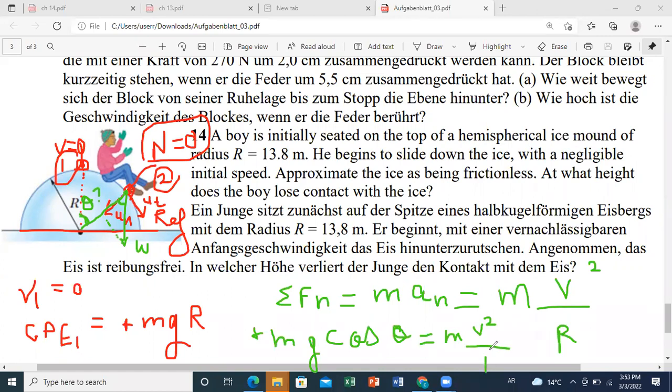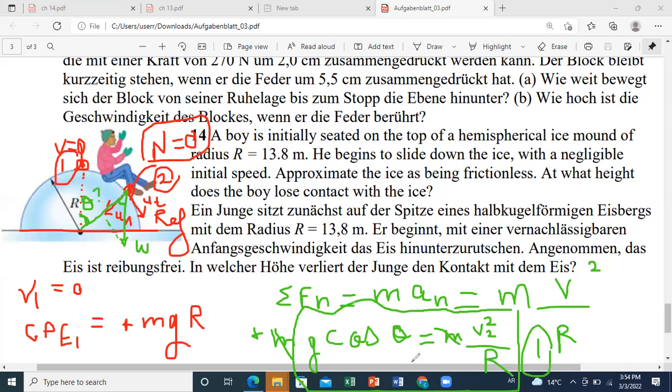The m will cancel out, and in this way I relate the angle theta to the velocity v at point 2. This is relation number 1 between the angle theta at which I will leave the track and the velocity of my boy.